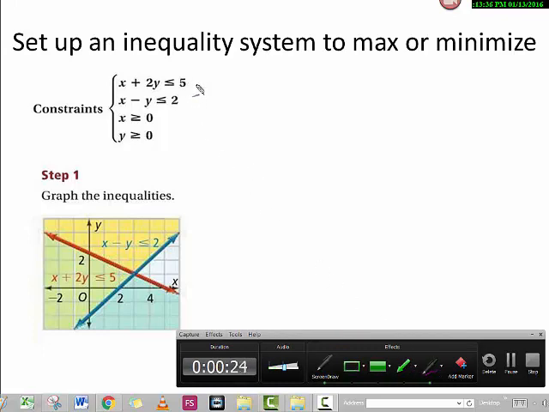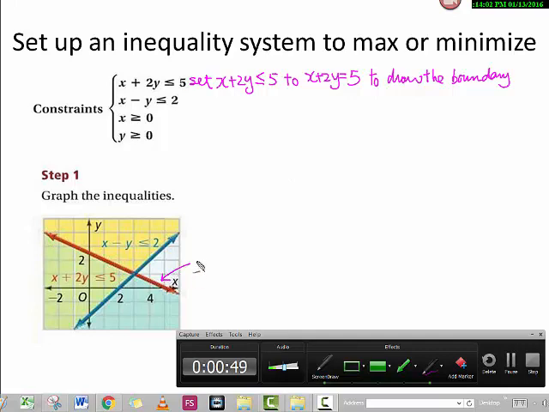The first step, of course, is to change x plus 2y less than or equal to 5 to x plus 2y equal to 5 to draw the boundary. Then we use the table of values to draw the boundary right here. The red line represents x plus 2y equal to 5.